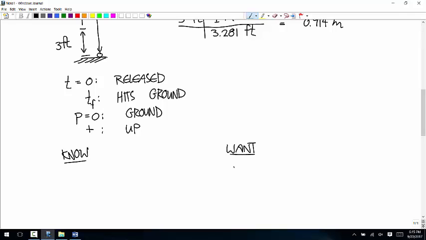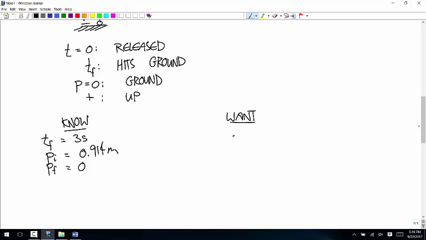We know time final is 3 seconds. We know the initial position is 0.914 meters. We know the final position is 0. We're trying to find the initial velocity, and we don't know the final velocity.